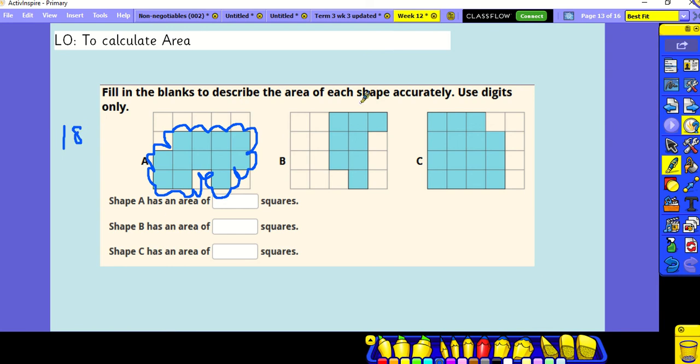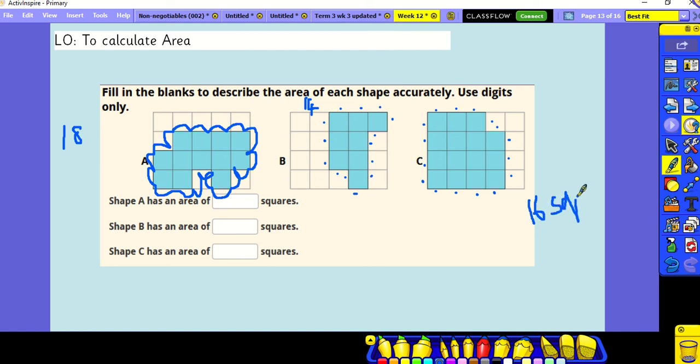The perimeter of this shape, 14 squares around the outside of this shape. And the perimeter of this one, 16.